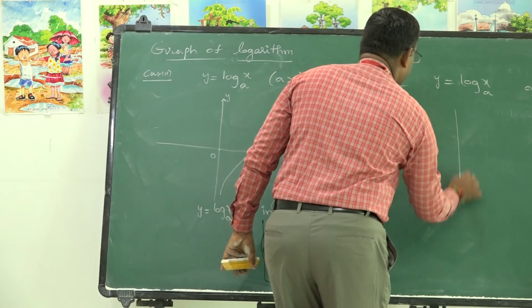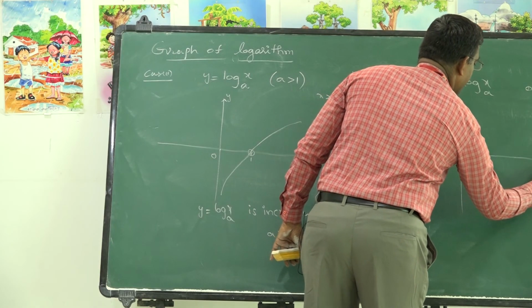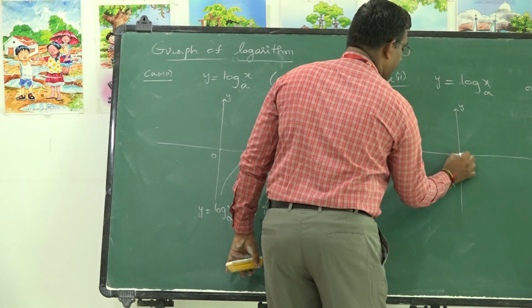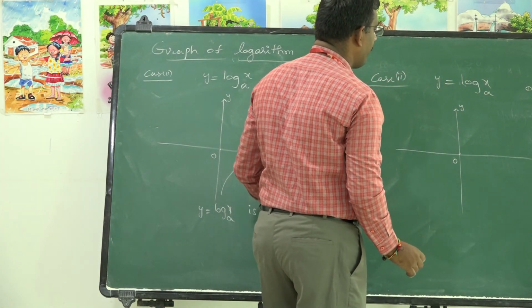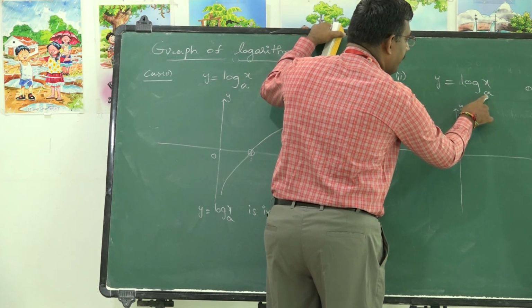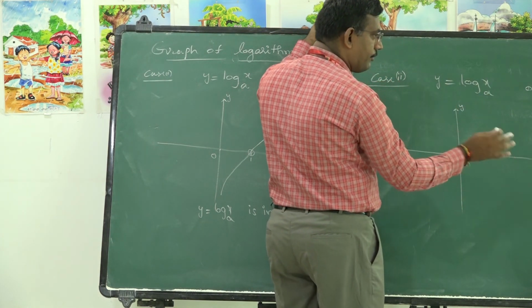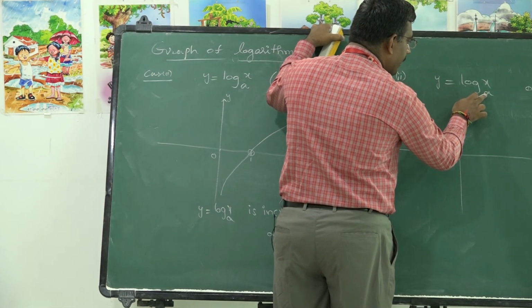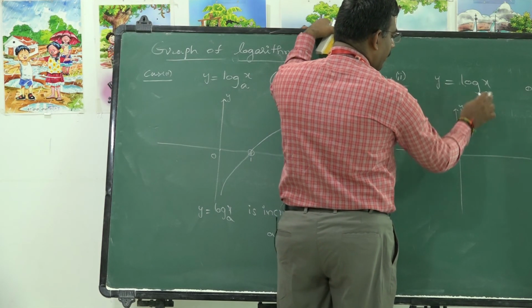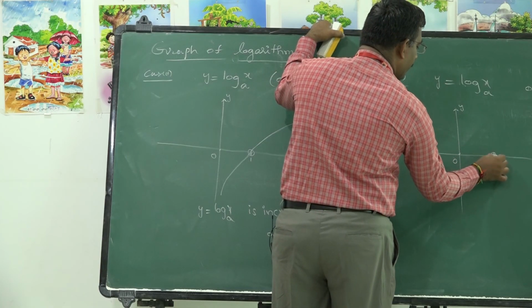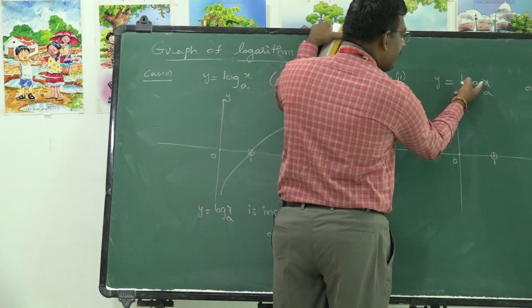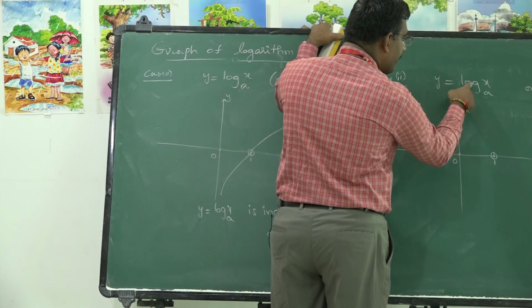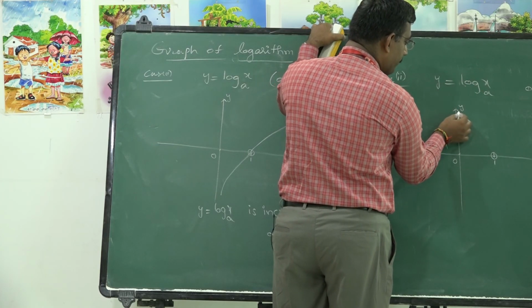In the second case, the point of intersection of the x-axis and y-axis is the origin. Here a lies between 0 and 1, x is always positive. Similarly, the graph lies between the first and fourth quadrant, since a lies between 0 and 1. If x is 1, the logarithm value is 0. If x is less than 1 and a is less than 1, then the logarithm value is positive.